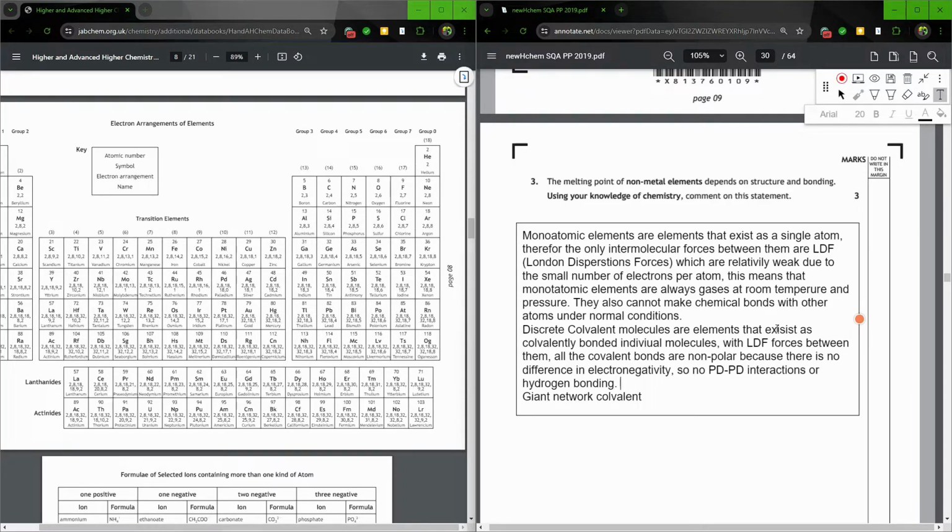It includes diatomic elements, which you can give some examples here.